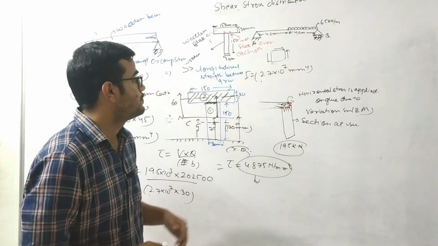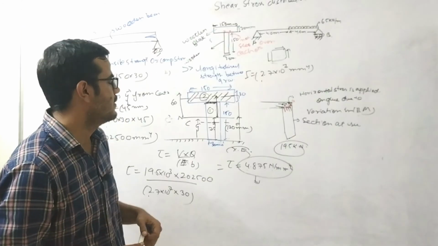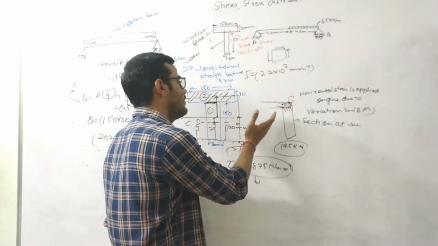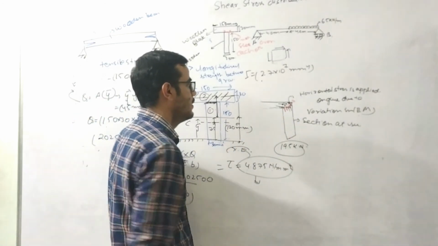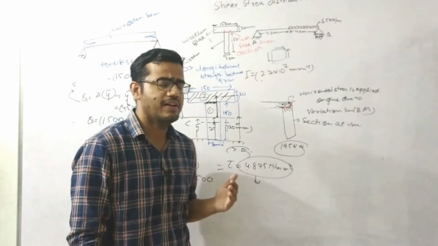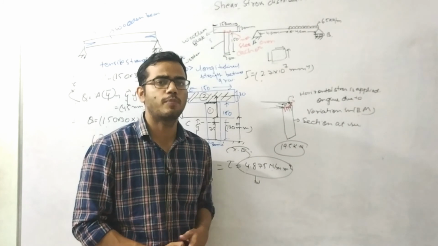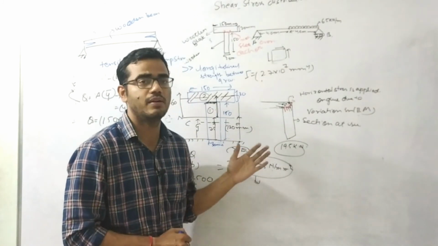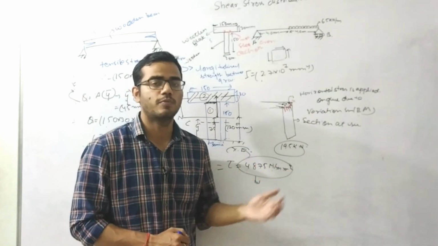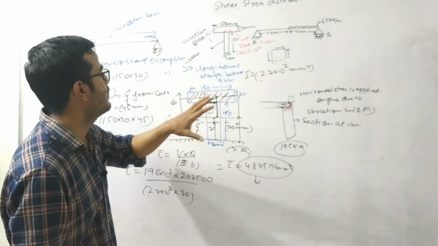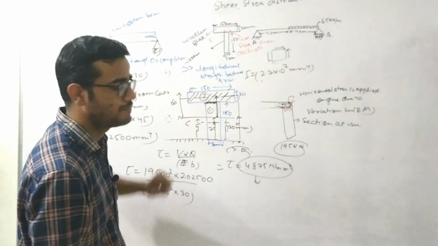If you have any doubt regarding this, if you are not clear how these stresses are coming, how complementary stresses are generated, then you can write in the comment section, and we'll discuss it in detail. I'll discuss some more problems on this, and if things are not clear in this problem, they will be much clearer in those. So this is the basic simple problem on this formula.